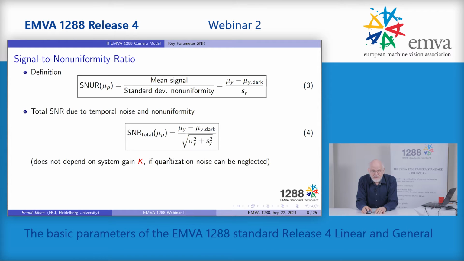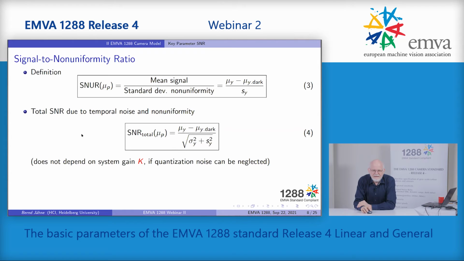Next thing is we can add up these two things. The signal is disturbed both by temporal noise and by non-uniformity. So simply add these things up. The only thing you have to take care of here, you are not allowed to add standard deviations. You have to add variances. That's a basic law of statistics.